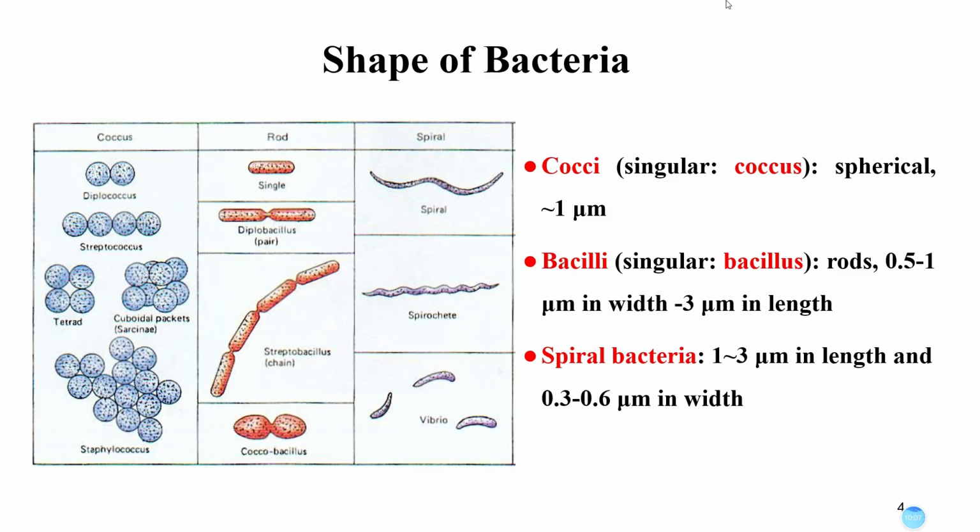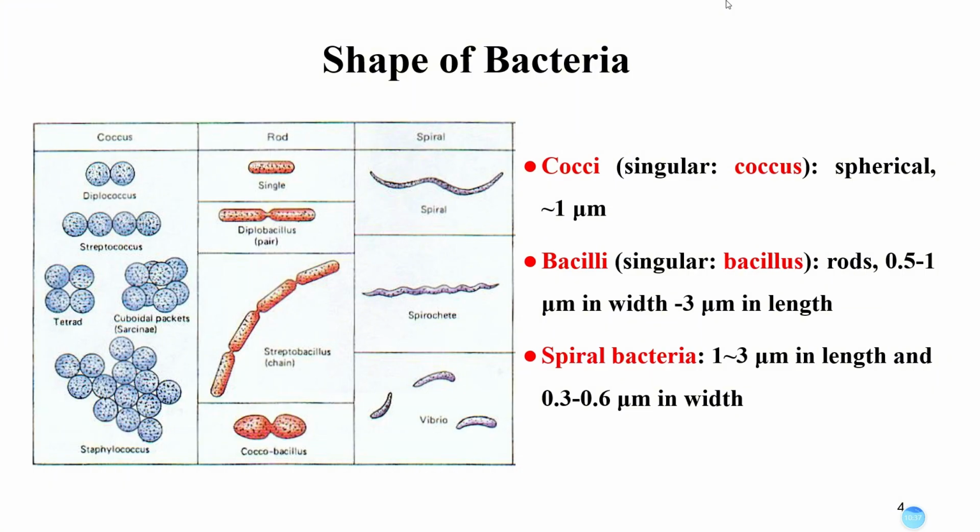And these rods, usually they are less than 1 micrometer wide. And the length varies. Some can be 1 to 3 micrometer. The big ones, like anthrax, we mentioned that last time, the first bacteria ever identified, which can be 3 to 10 micrometer long, so it's very long.